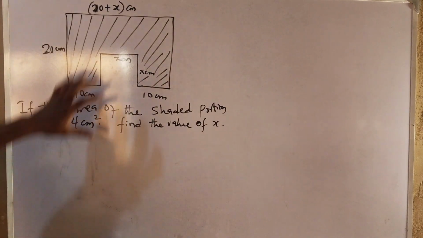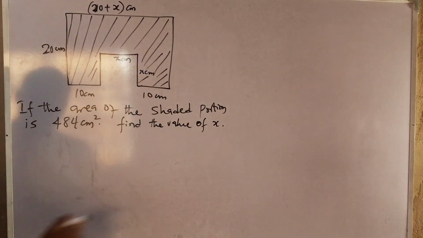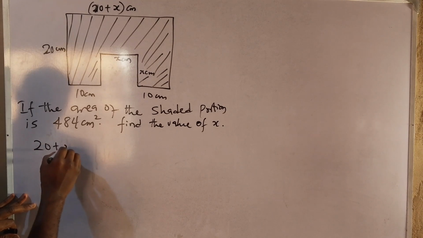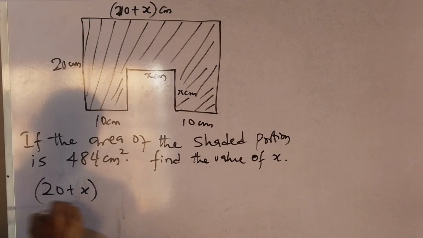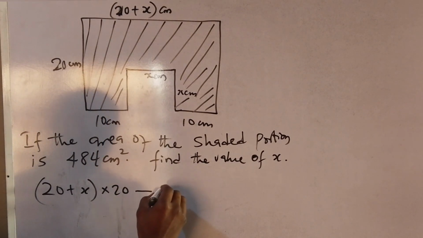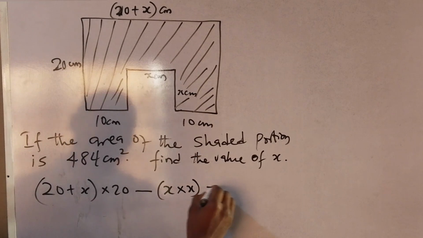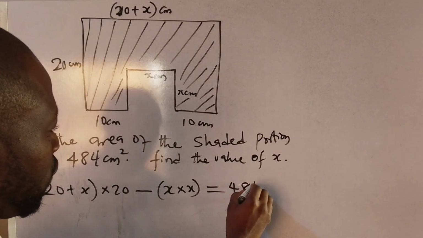So the area of the shaded portion is the area of the whole rectangle, which is 20 plus x times 20, minus x times x, equal to 484.